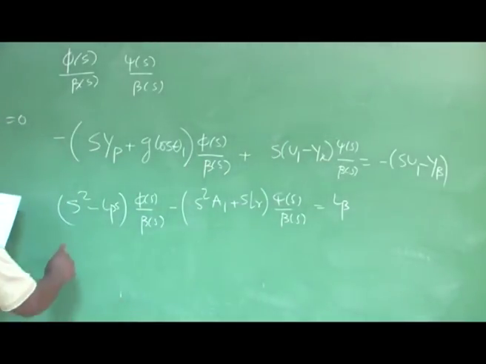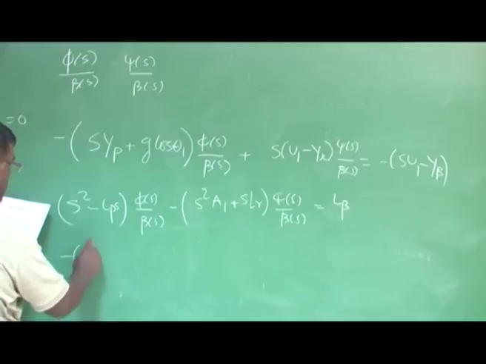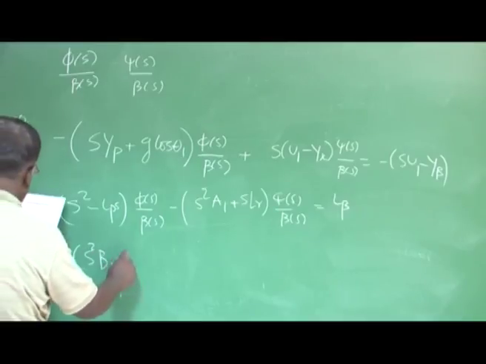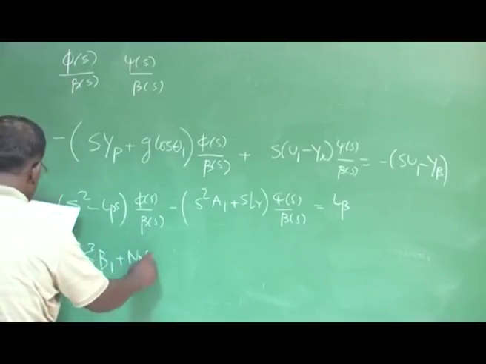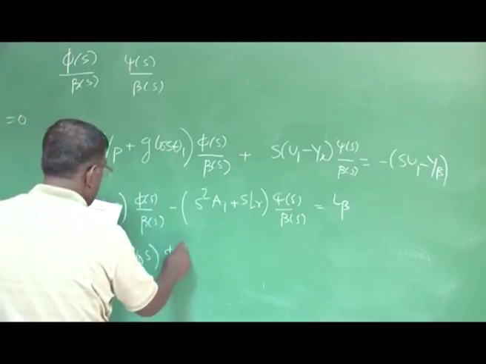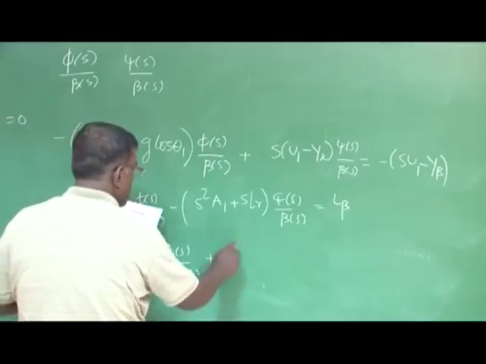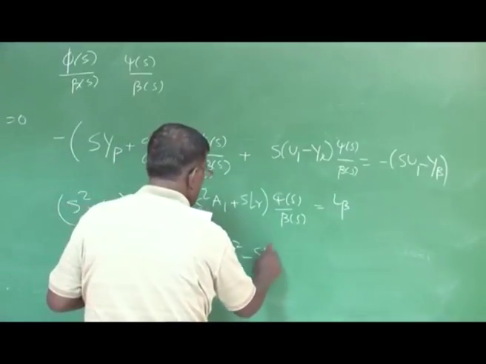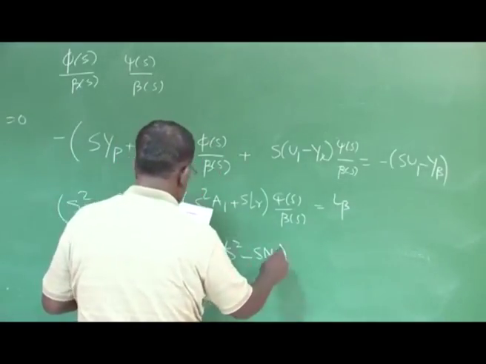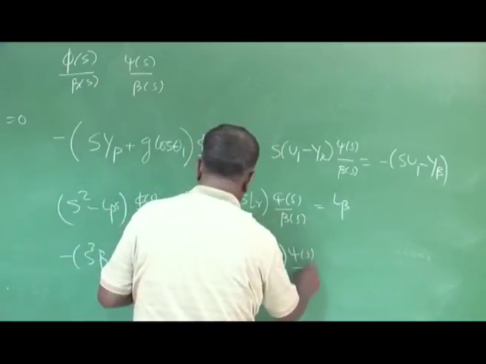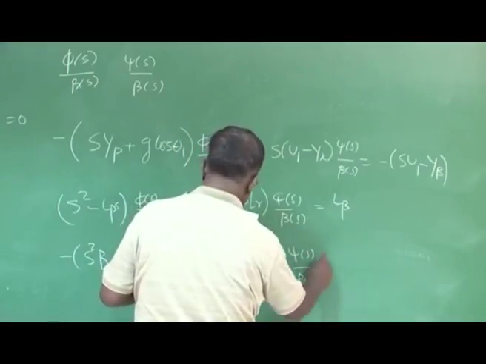This is a little rearrangement. And then minus S square B1 plus N p S, phi of S by beta of S, plus S square minus S N r, psi of S by beta of S equal to N beta.